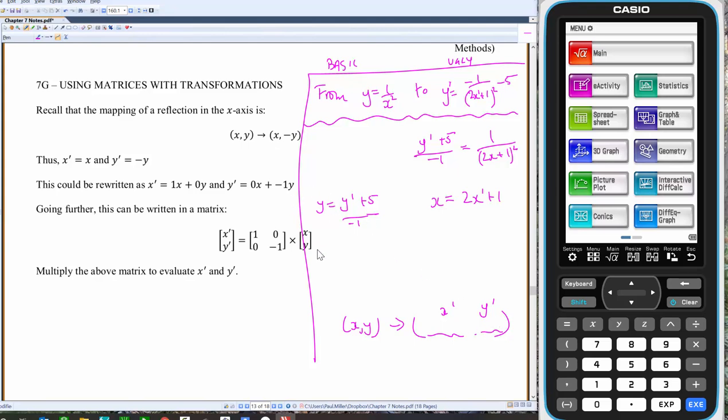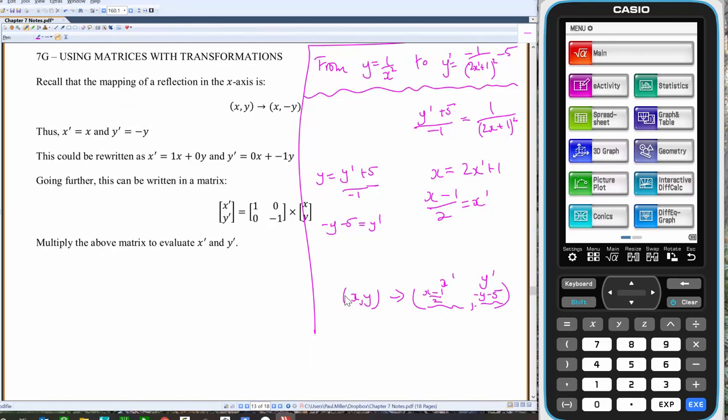Over here I've got a bit of work to do. I'm going to multiply y by negative 1, so that's negative y take 5 equals y dash. And this one here is x take 1 divided by 2 equals x dash. So now I've got x take 1 over 2, and negative y take 5.